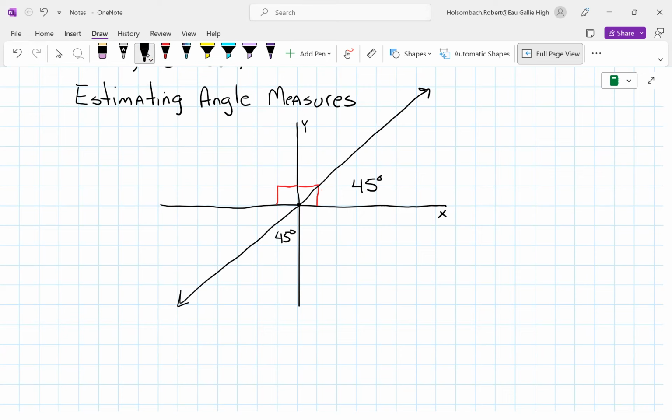But if I estimate thirds of this angle, and I take a ray out here a third of the way, and then another third of the way, wouldn't each of these new angles in quadrant 2 be 30 degrees?